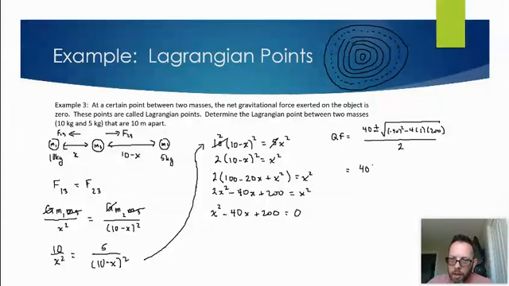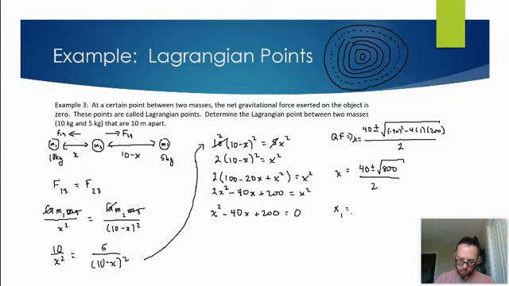So we have 40 plus or minus the root of 1600 minus 800, so that's just the root of 800, over 2. And we're going to get two values here. So I meant to say the quadratic formula gives us that x equals that and x equals that there. I like that better.